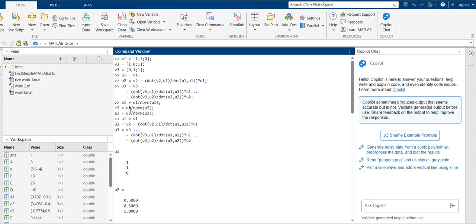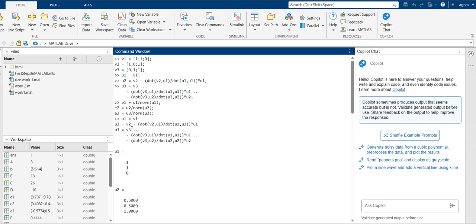So E1 is u1 divided by norm of u1, E2 is u2 divided by norm of u2, and E3 is u3 divided by norm of u3. Here I have typed the semicolon, so you don't have the answer shown.